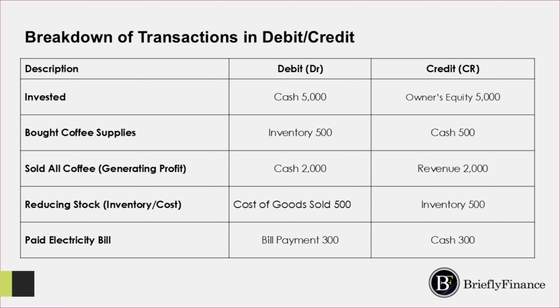We used it. So we will just credit the inventory, reduce the number of inventory, and debit the cost of goods sold. It's basically because it's the cost of producing this revenue. And finally, we paid cash for the bill, and we benefited from using the electricity.